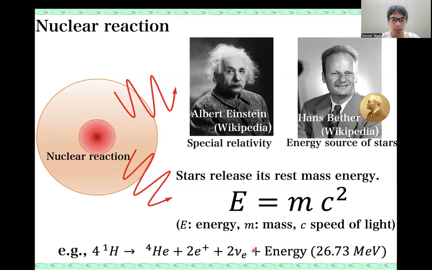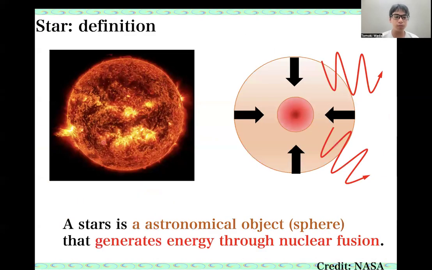And the deficit mass becomes energy and it is released following these equations. So like this kind of nuclear reaction, energy is emitted in this center region of stars. So we know that the energy source is nuclear reaction.